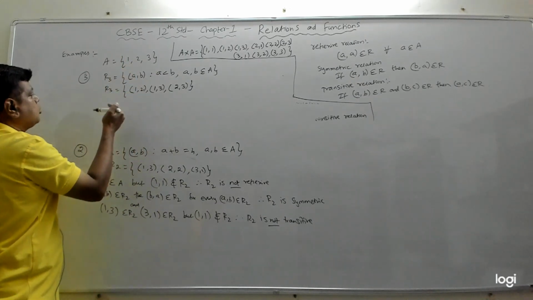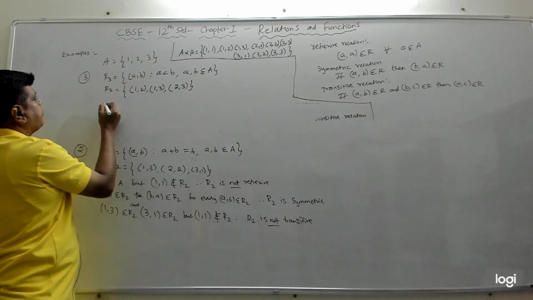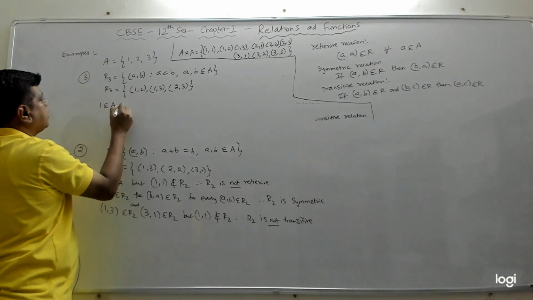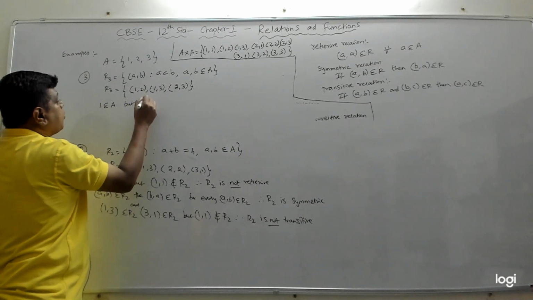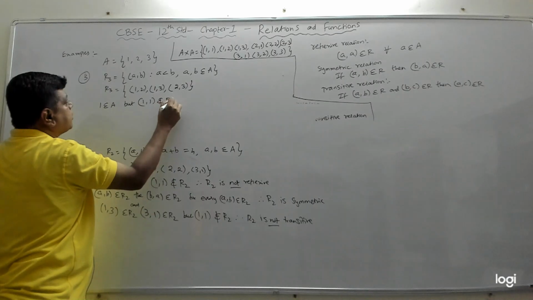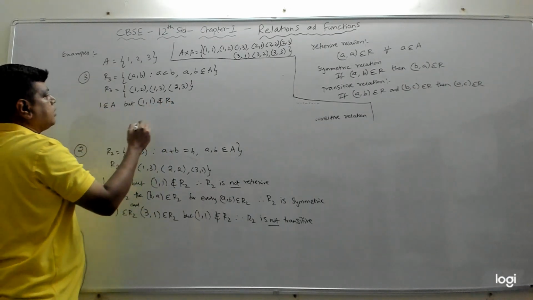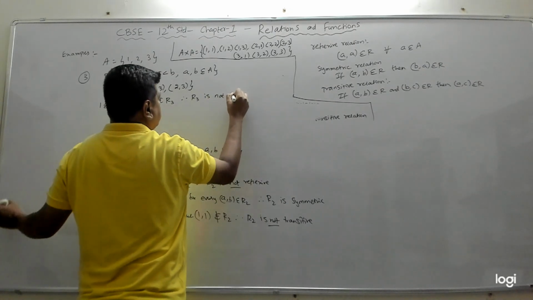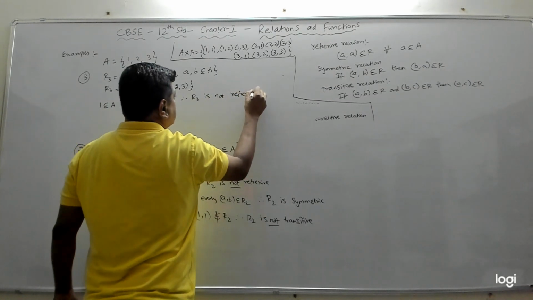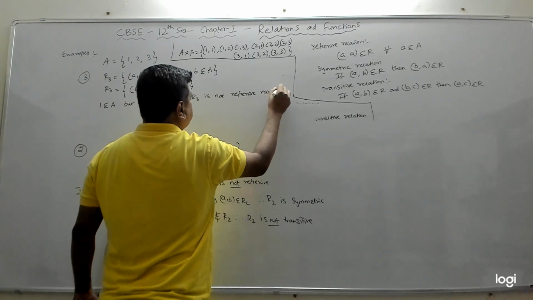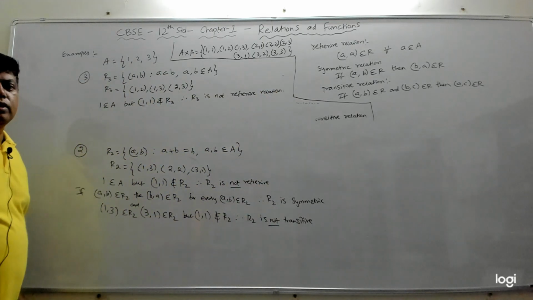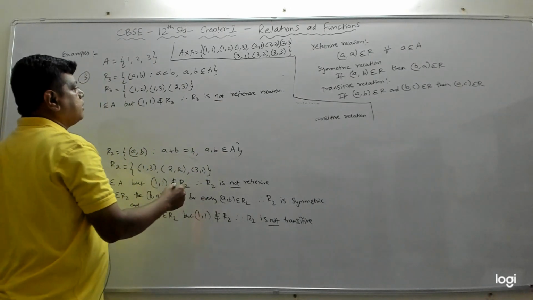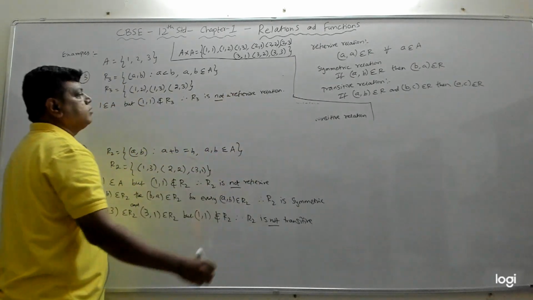No. So we can say 1 belongs to A, but (1, 1) does not belong to R3. Therefore, R3 is not a reflexive relation.